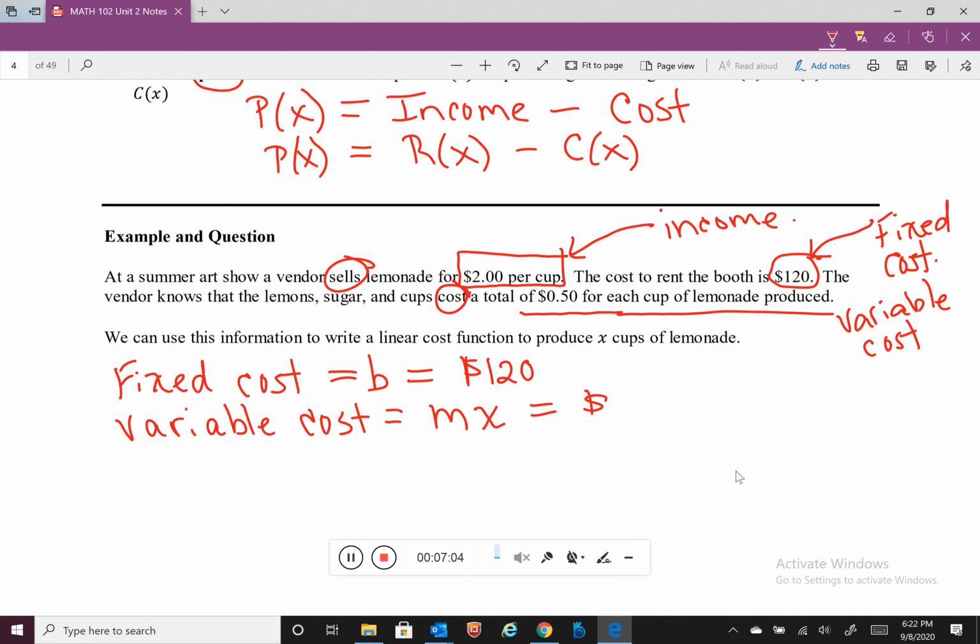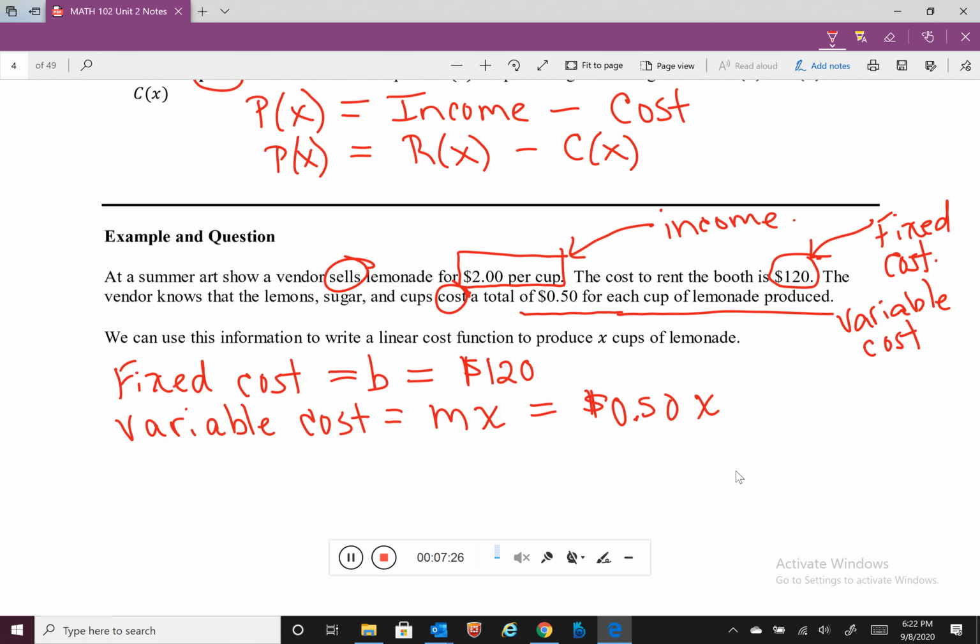And so that would be 50 cents. Notice I say 50 cents, but I'm using a dollar symbol with our decimal 0.50. So 50 cents per cup, or for each cup, which would be x.